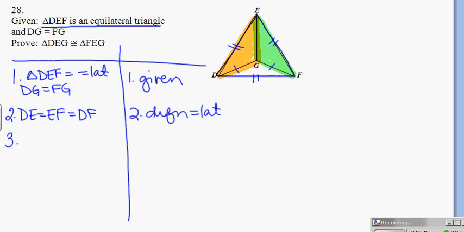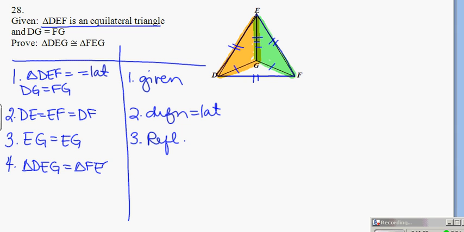And once I mark those, you can clearly see those colored triangles. If I use that reflexive side, EG is equal to EG, I now have my two triangles. Congruent by side, side.